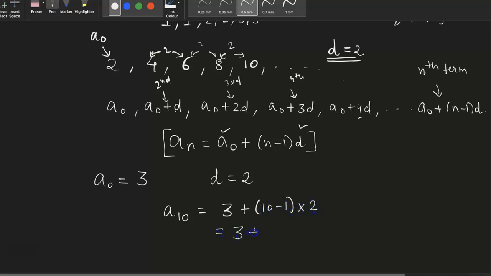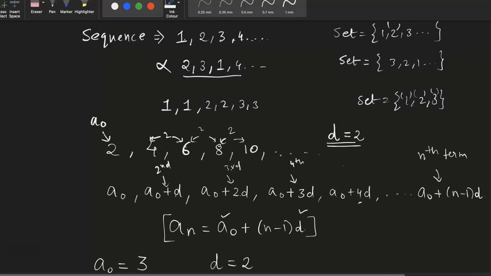So this is going to be 3 plus 9 times 2. It is going to be 3 plus 18. That is going to be 21. So this is easy.